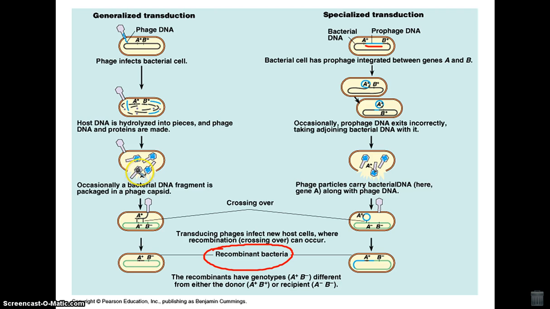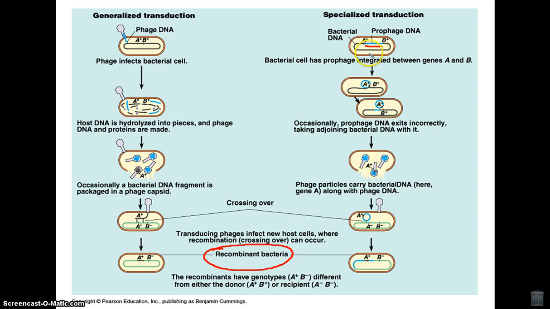So here we get basically a virus with bacterial DNA. When that phage goes and infects another bacterial cell, it can inject that bacterial DNA, and in this case we have a cell that is being transformed from its original A- genotype to an A+ genotype from the gene that it got through the phage.